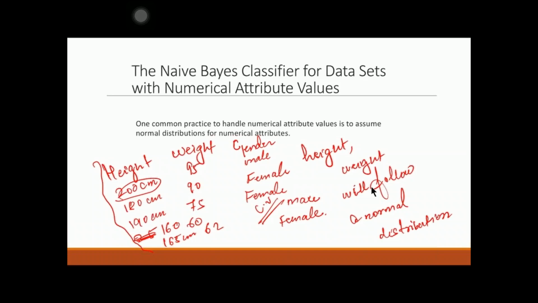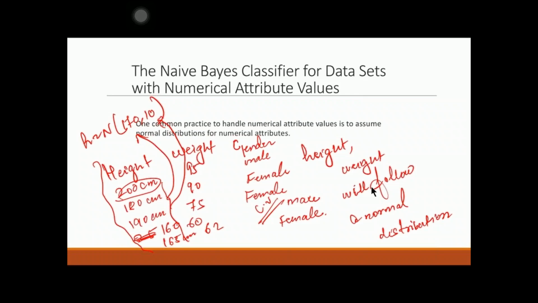Height follows a normal distribution with a mean, let's say 170 centimeters, and a standard deviation of 10, both calculated from the data.